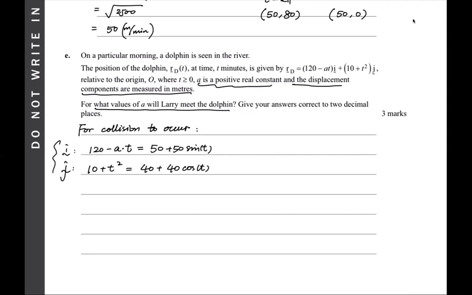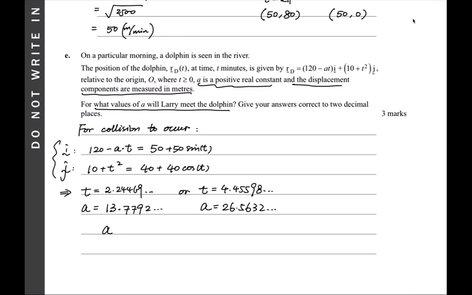So basically, when you solve these two equations, you should get t equals 2.24469, etc. and A value is 13.7792, etc. Or t equals 4.45598, etc. and A equals 26.5632, etc.